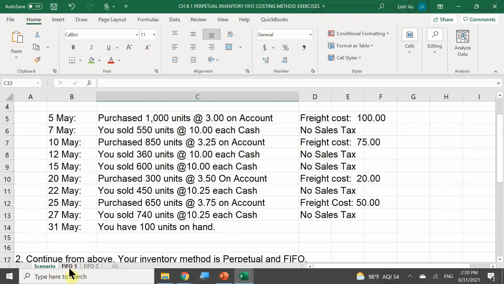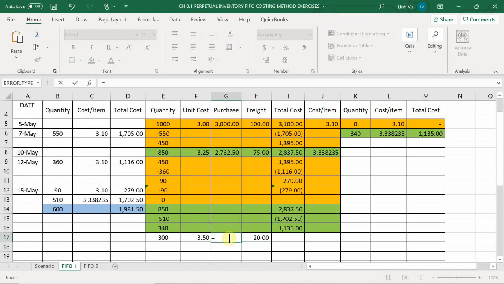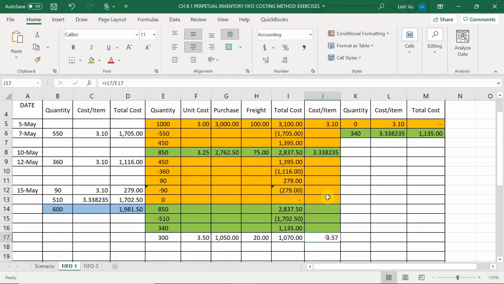In this case, what is my total purchases? 1,050 plus 20 is 1,070, which brings my cost per item to 3.5666, and so on.